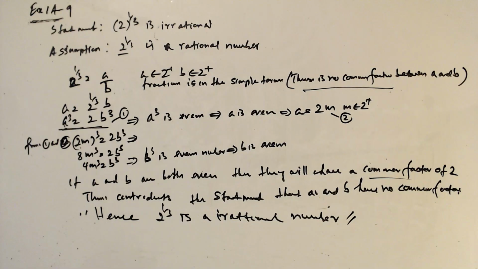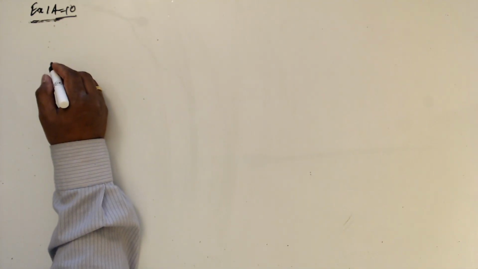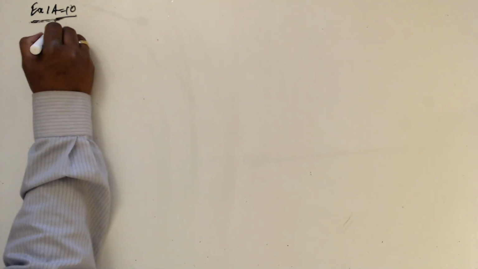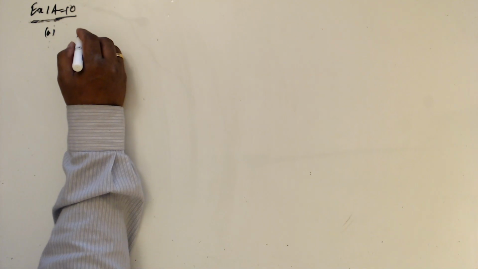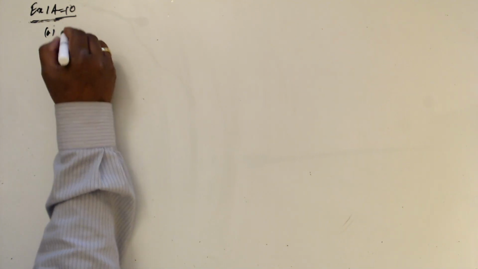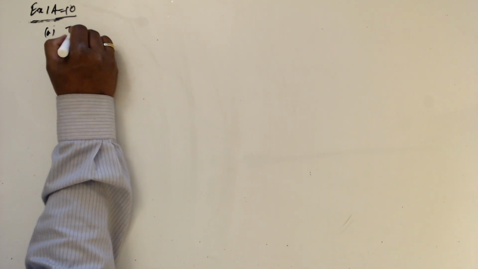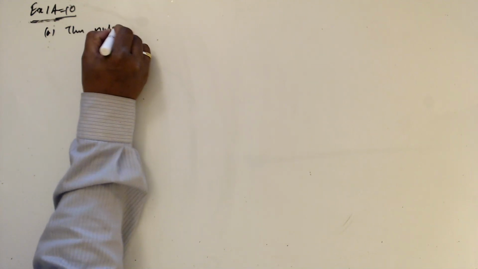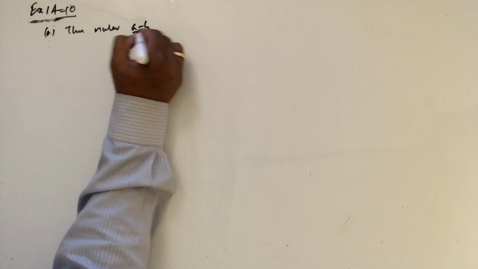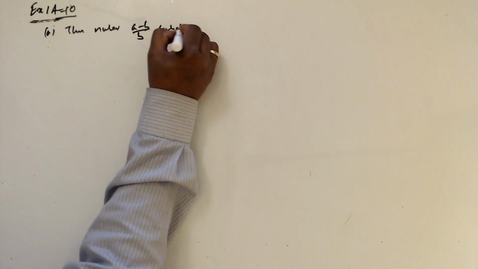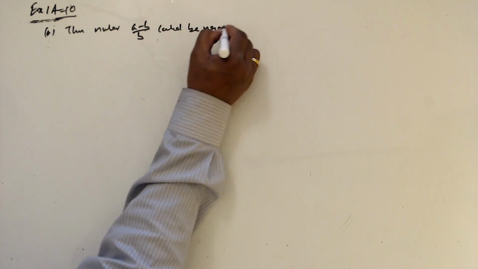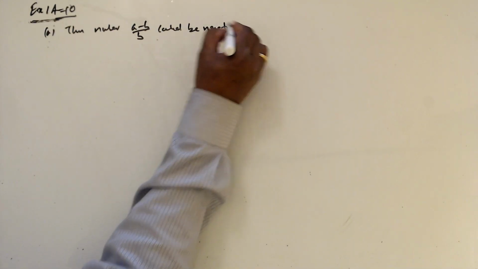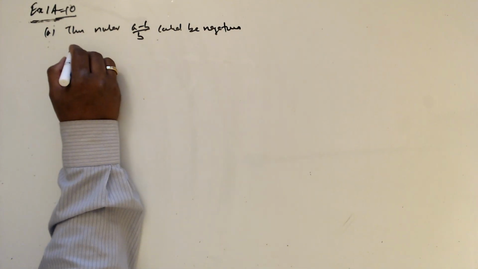Question number 10: when you read, you can see that we need to identify the error in the student's proof. So you will see that the number a minus b over b could be negative.